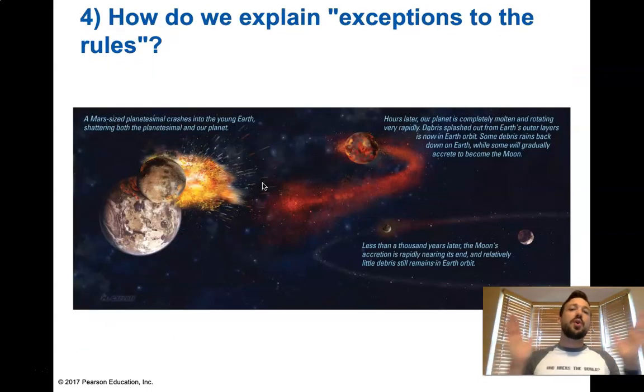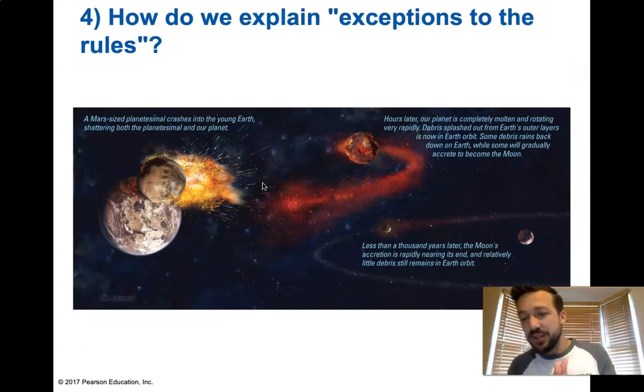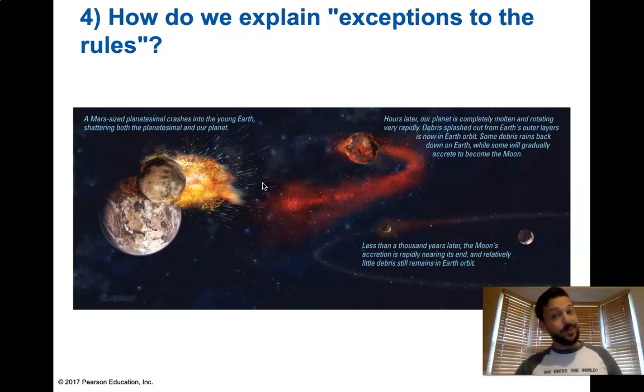Okay, so then we need to have exceptions to all these things. Like, okay, well, most things orbit counterclockwise. Why does Venus not? You can't just say, oh, well, not always like that. No, you have to have reasons. And the reasons are these planetesimals run into things, okay? It's a giant mess of rocks.